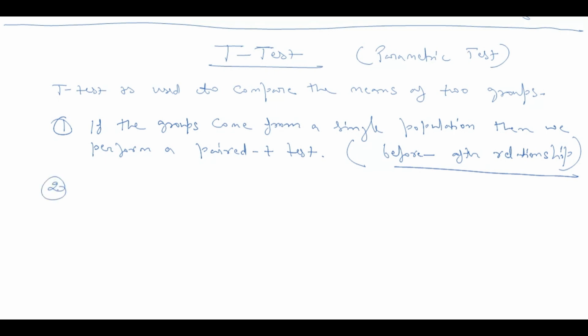The second condition is, if both the groups are independent, if the groups come from two different populations, like the groups are independent.